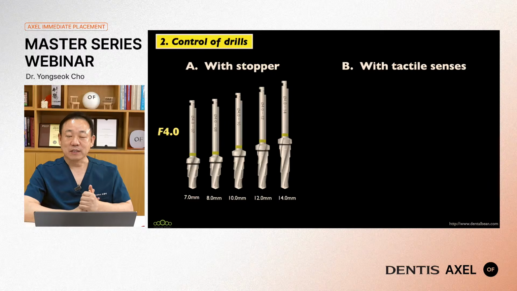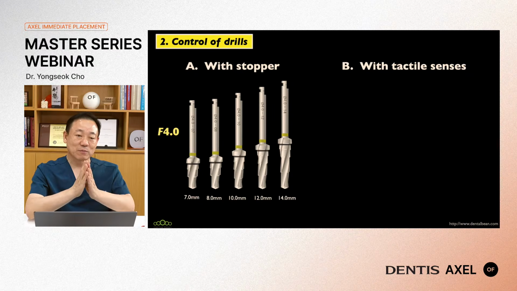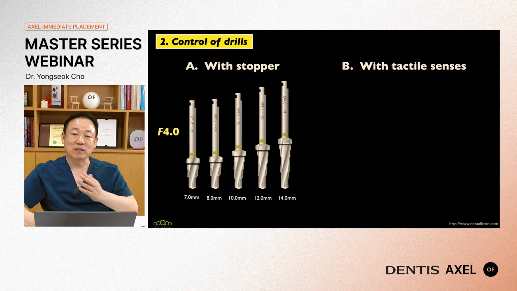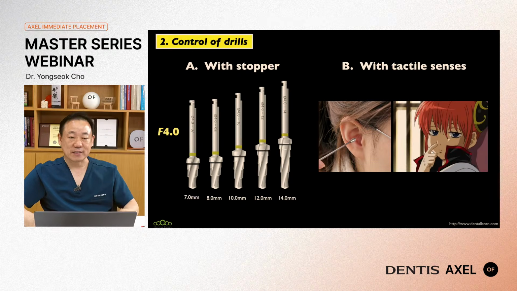But in case of immediate implant, especially when the septal bone is very narrow or weak or very low positioned, we cannot use the stopper as an indicator. At that time, you must use tactile sense.